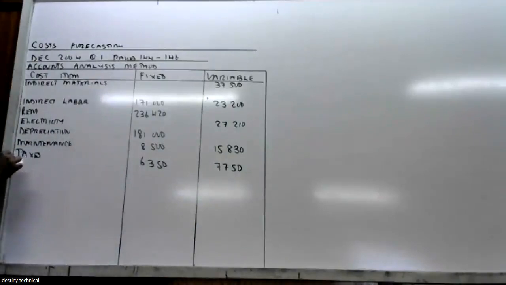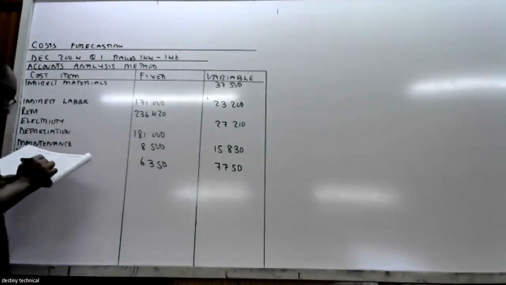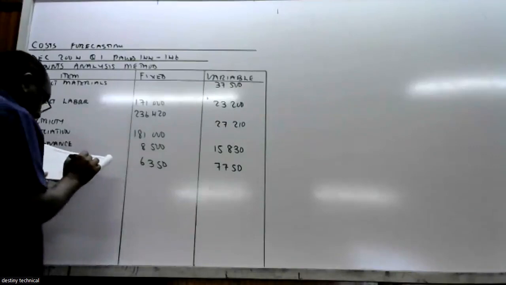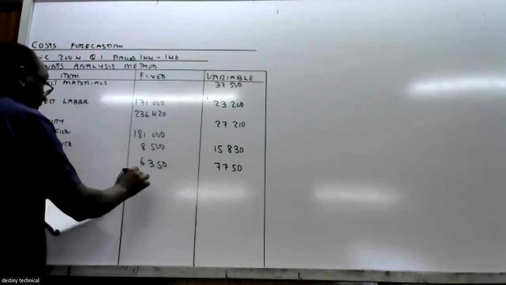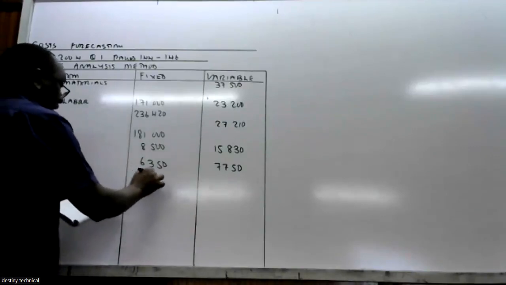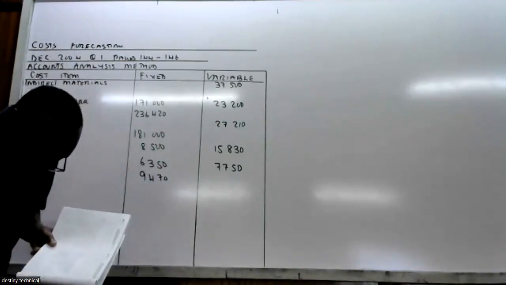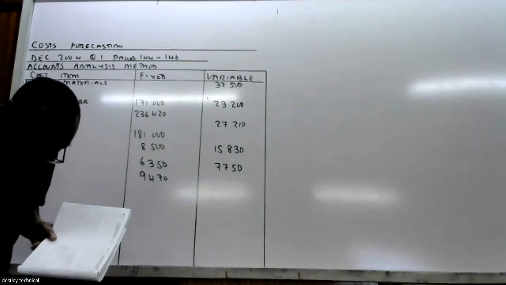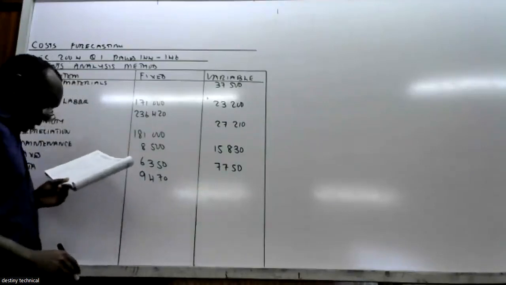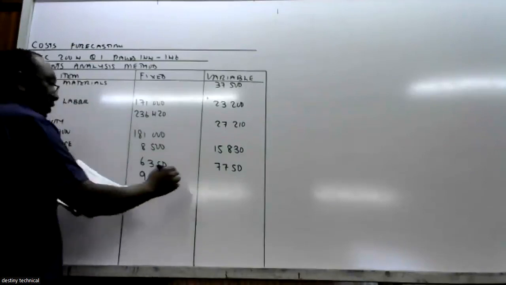Then there is data processing. Data processing is fixed, 9,470. So we have 11,220 minus 9,470 is 1,750.